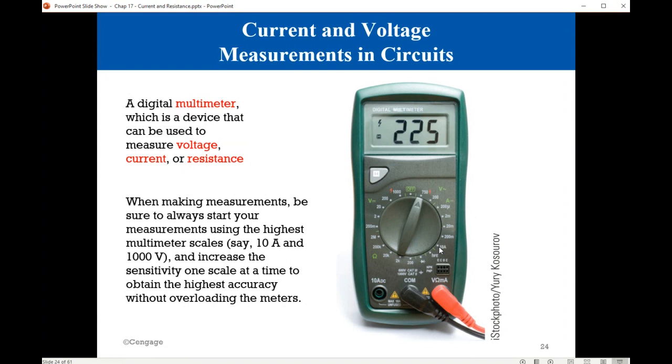So here you have 10 ampere, then if this scale is not right, we move the knob to the next scale. The same can be said for voltage. You start, for example, with 1000 volt. If this seems to be high, you move down to other scales such that the sensitivity is the best when you do the measurements.